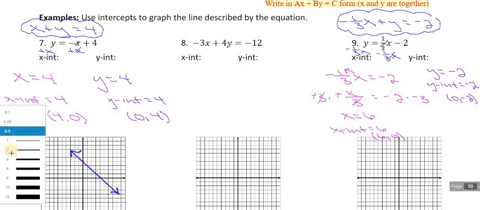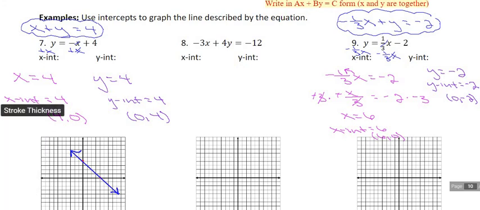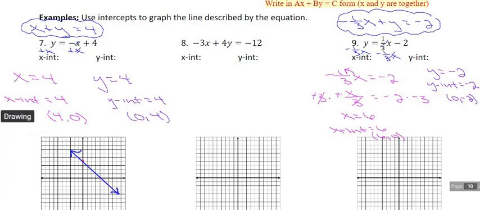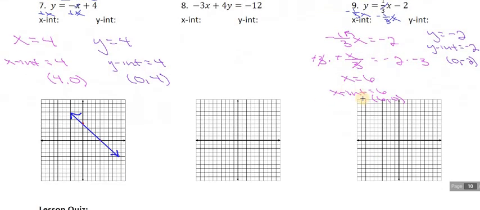All right, so we're going to plot those two ordered pairs on our coordinate plane, and then we can draw our line. So the x-intercept was positive 6. So go to 1, 2, 3, 4, 5, 6 on the x-axis. And the y-intercept was negative 2.